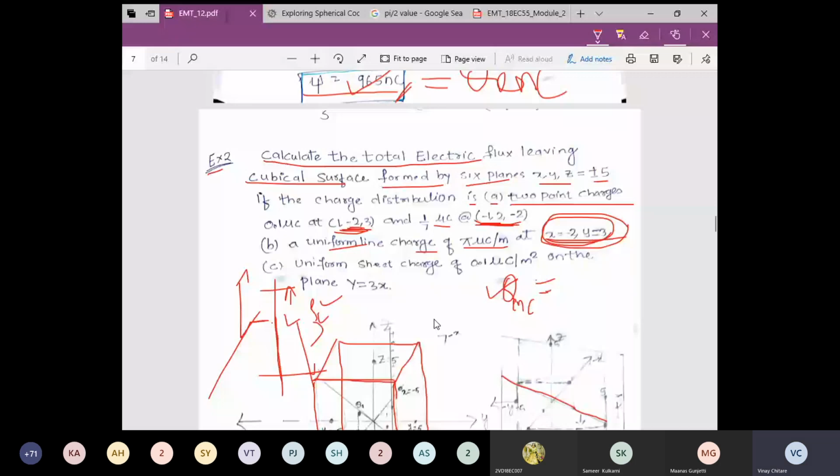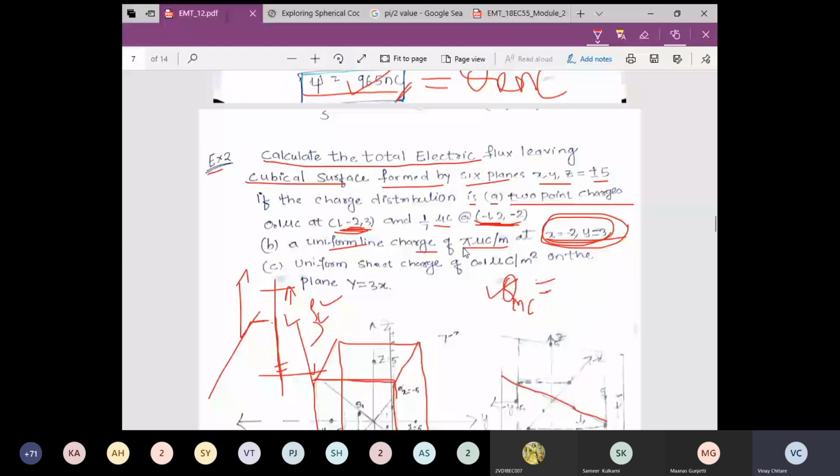It's quite simple. What do you mean by rho L? Rho L is line charge density, that is charge per unit length, which is pi microcoulomb per meter. And I'm asking what is total charge on a length of L?